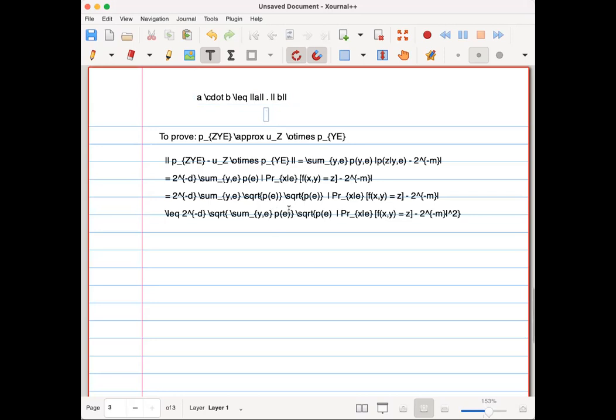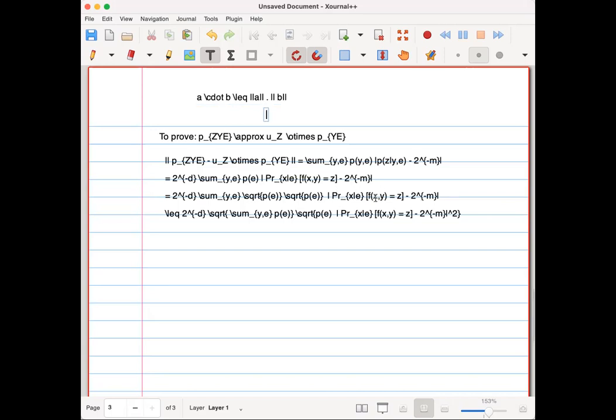The first vector A is the vector whose y,e-th entry is just square root p. In fact, the y,e-th entry does not depend on y, it just depends upon e. The second vector has y,e-th entry equal to square root p times the quantity in the absolute value.